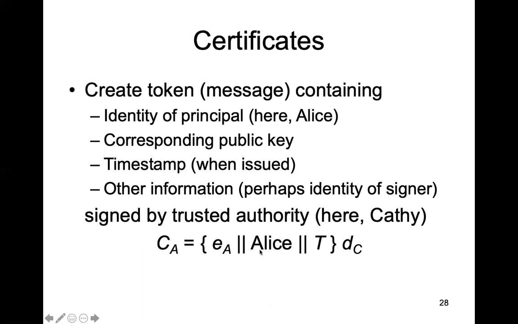So digital certificates are nothing but digital signatures, but instead of being digital signatures of random messages, they are digital signatures of a message that ties up the public key of Alice with Alice's identity together with the timestamp and probably some other metadata such as the identity of the person that produced this digital signature.